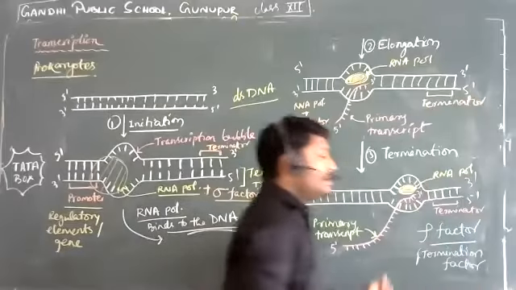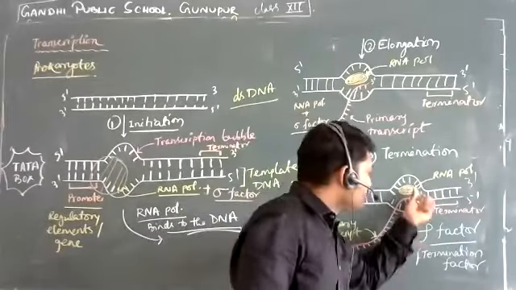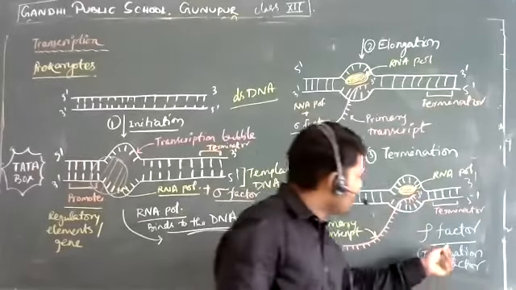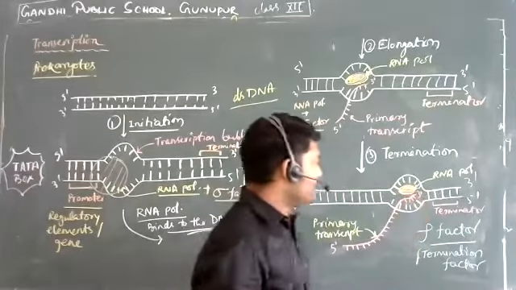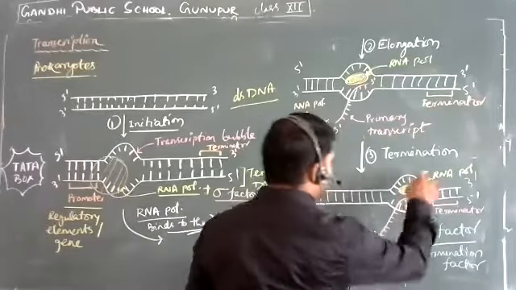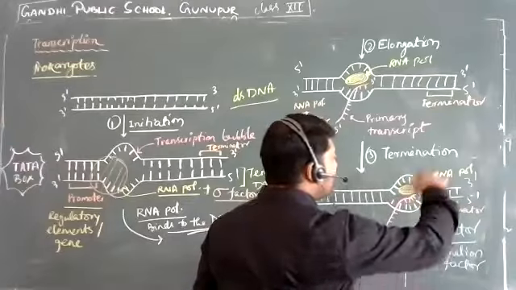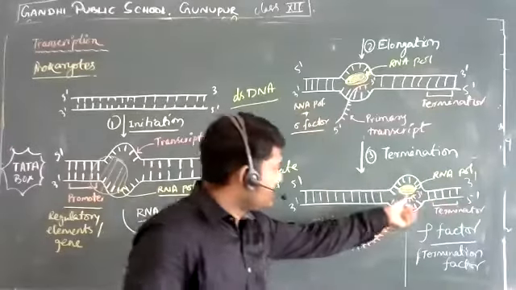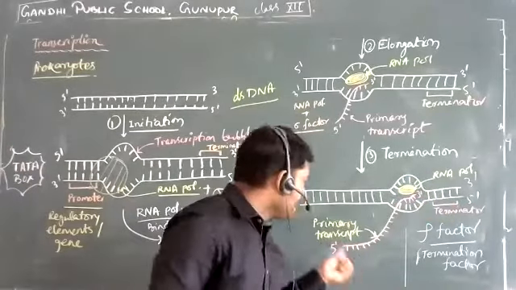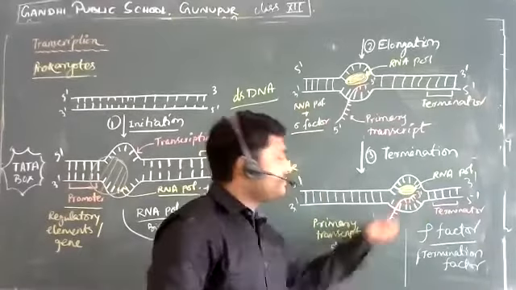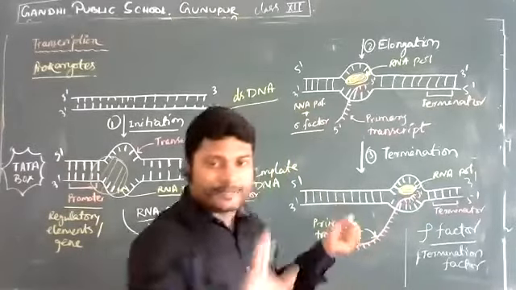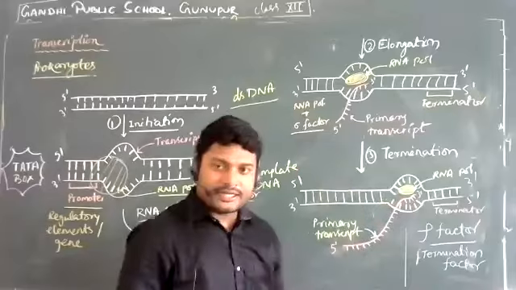So when the RNA polymerase associates with the rho factor, the termination factor, the RNA polymerase leaves the transcription bubble, and the primary transcript becomes free, because they become independent. They are separated from the DNA.